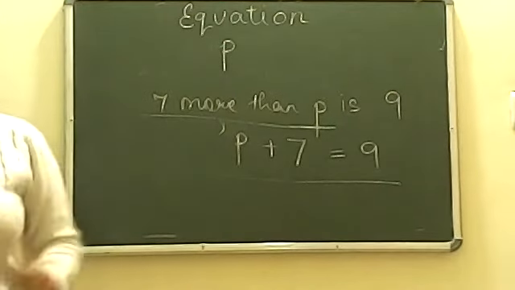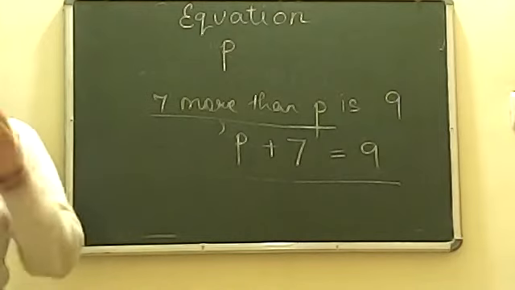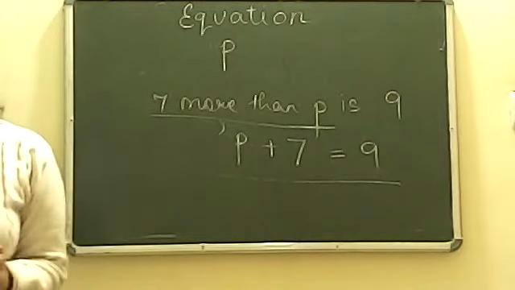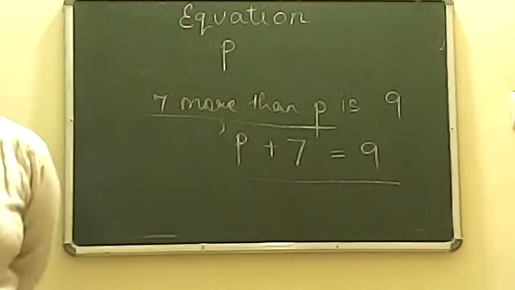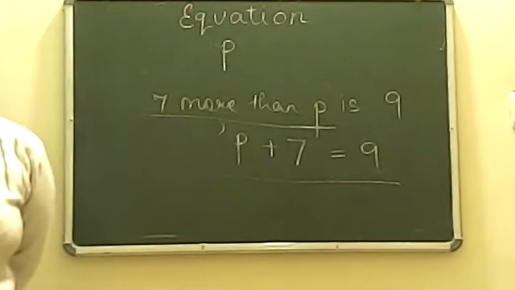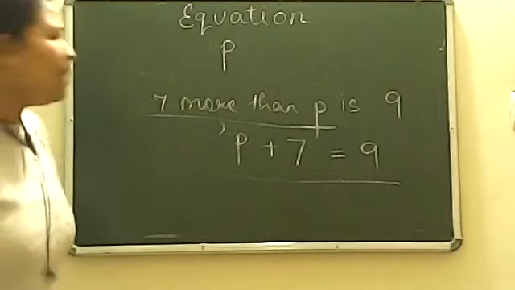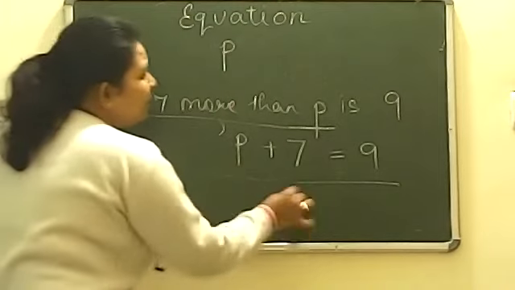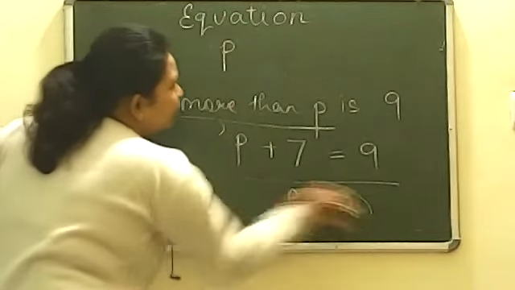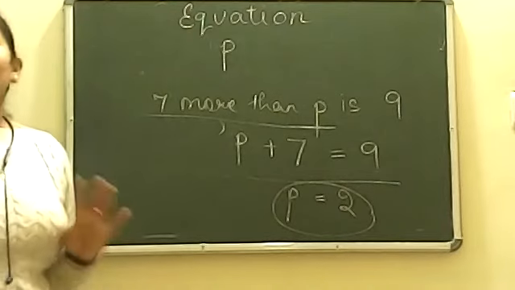Now may I know from you all, what can be the value of p? Which number is there that when we add 7, we get 9? Can you tell me? Yes, wonderful. Now everybody is able to guess the answer: the value of p will be 2, because as soon as we put 2 in place of p, we get 9.